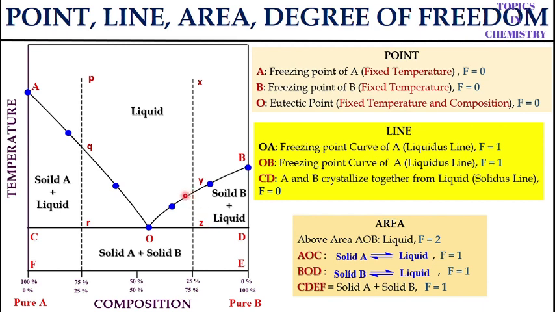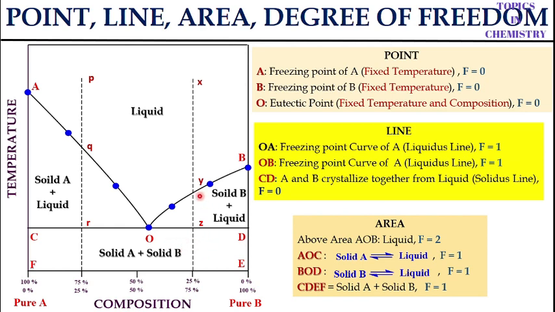Up to Y point, the amount of B gradually decreases. At that Y point, B solidifies from the liquid mixture, and at that Z point, both solid A and B are in equilibrium with the liquid mixture, so this is a eutectic mixture.